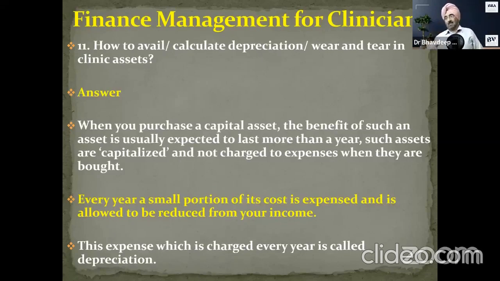They're added in expenses. But if you buy any equipment, it is not considered as an expense. It is only a portion of that, what we call the wear and tear value, that is considered as an expense. So each year we deduct a portion of that cost. For example, you bought an RVG for 1 lakh rupees.